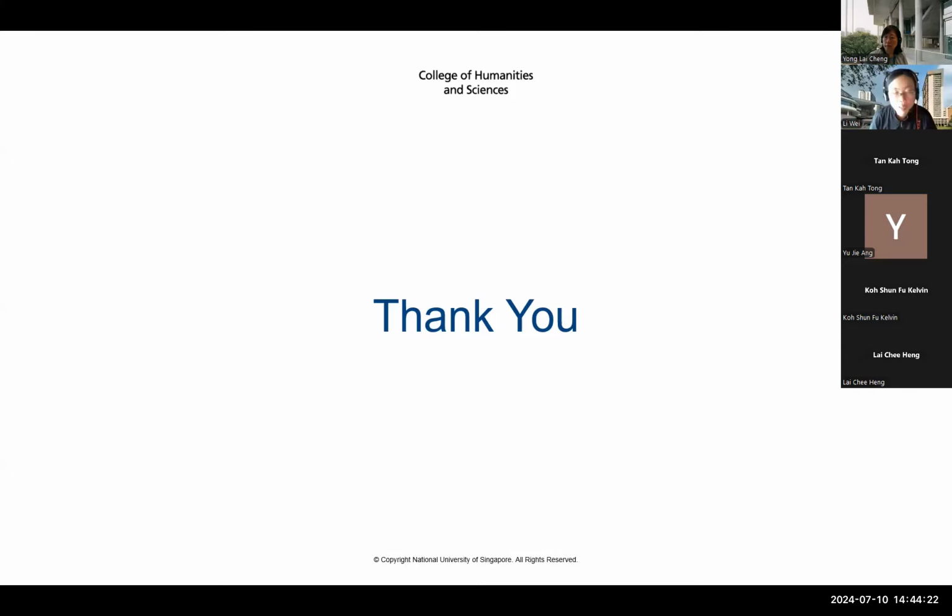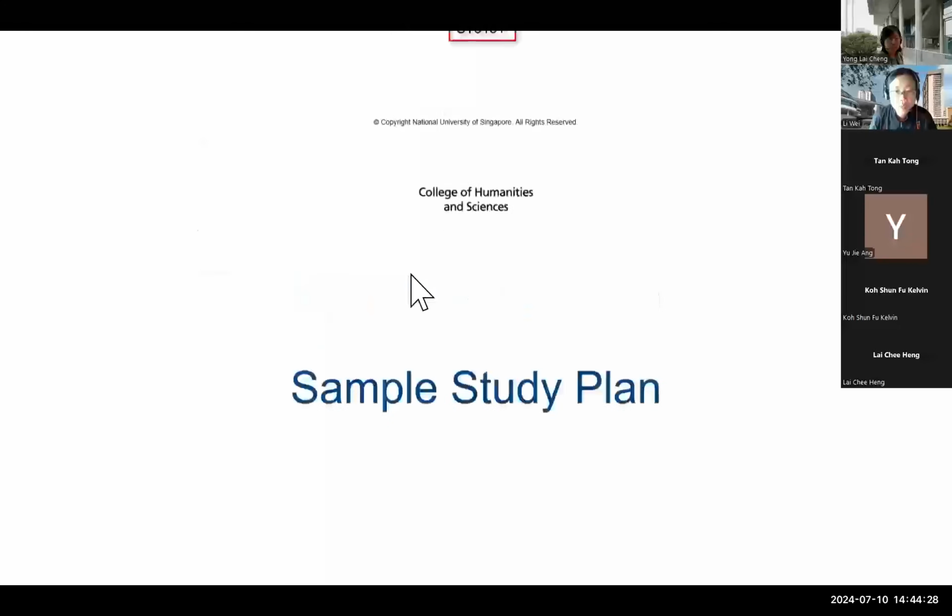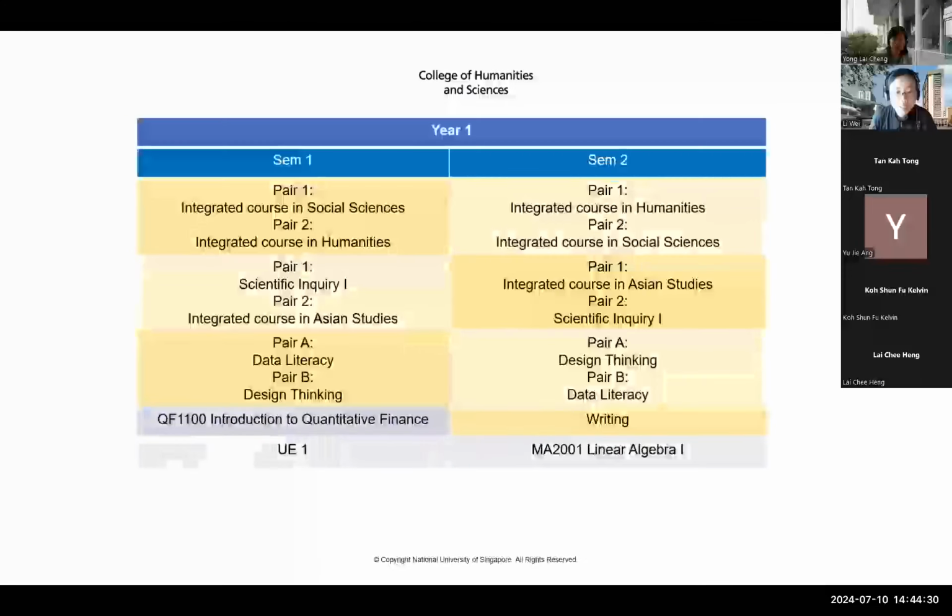Pre-allocation usually happens to the CHS courses, because there are too many students taking the course, and it's easier to arrange with pre-allocation. But for QF courses, we don't have pre-allocation.